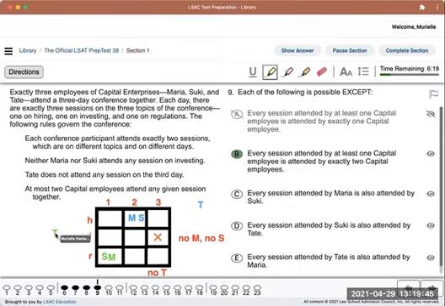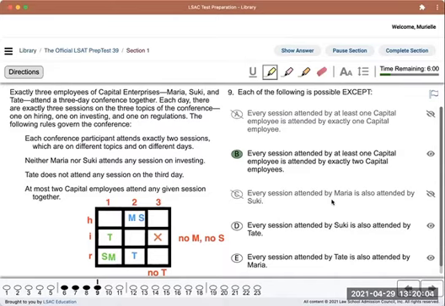Right. And then we could have Tate do investing here and regulations there. No problem with that. So we can eliminate C.